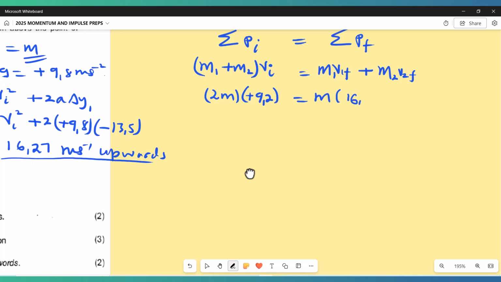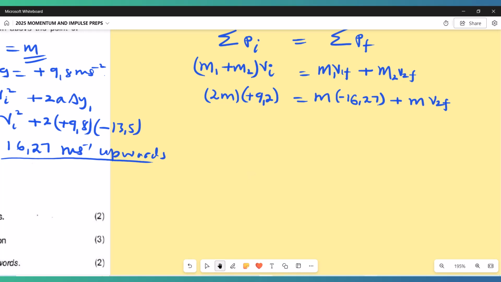Remember it was going up, so it must be made negative because I chose down as positive. Then plus m2, which is also m, times v2 final, which I'm looking for. So here, 2 times 9.2.